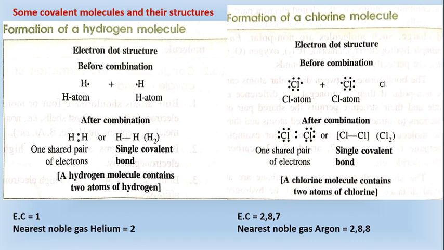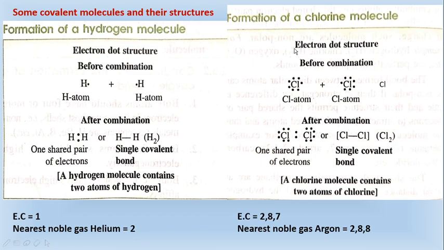So once they share, there is a formation of a single covalent bond. The electronic configuration of hydrogen is 1. The nearest noble gas is helium. So after the combination has occurred, hydrogen has attained the nearest noble gas configuration, that is helium. So this hydrogen is 2 and this hydrogen is 2. So they attain the nearest noble gas helium configuration.